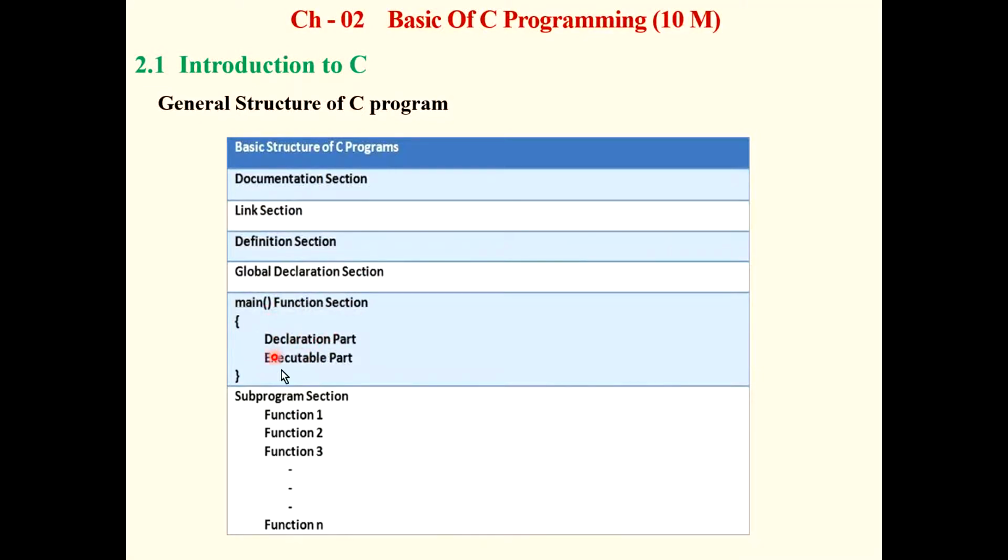Okay, then in the main function we declare the variables and functions, statements, instructions, and sub functions are declared after the main function. Okay, so this is the basic structure of a C program. Many times in examinations they ask to explain the general structure of a C program. Okay, so this is the general structure of a C program.